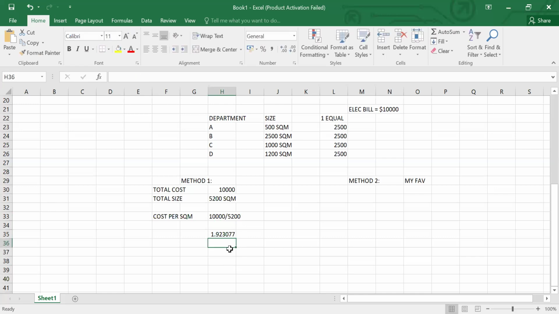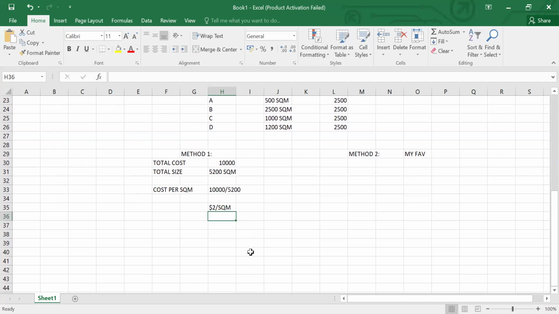That is around 1 point something, or you can just make it $2 per square meter, right? This means that each square meter is going to contribute $2 in the electricity bill.